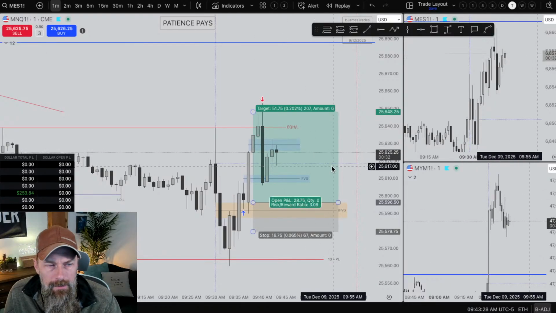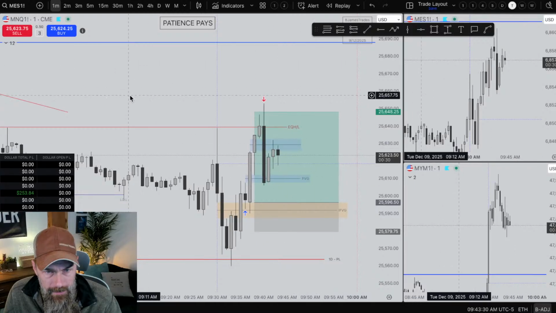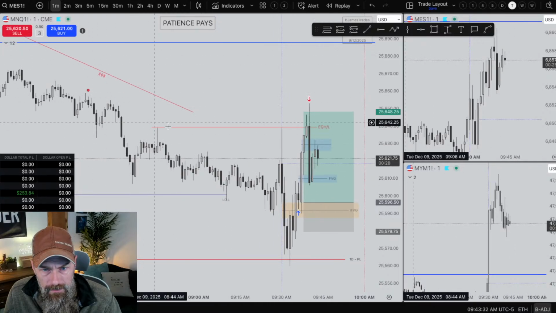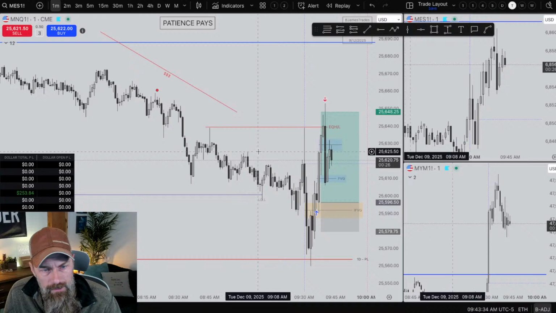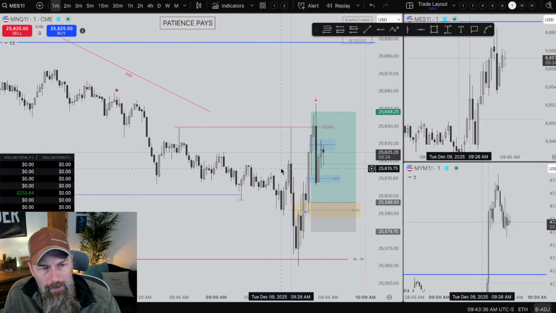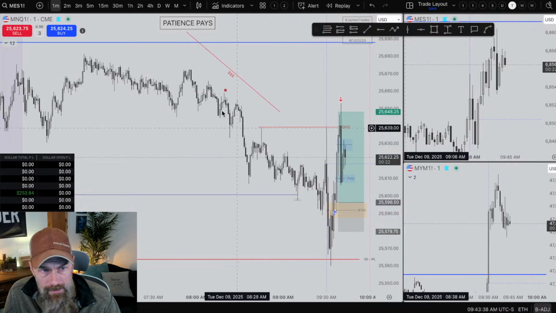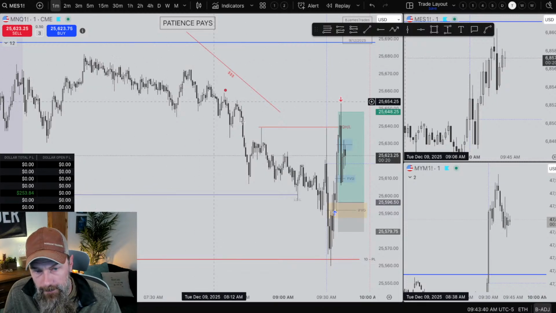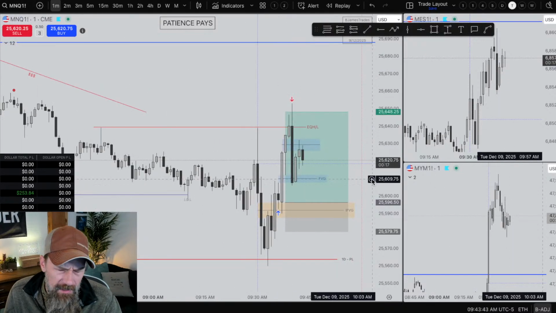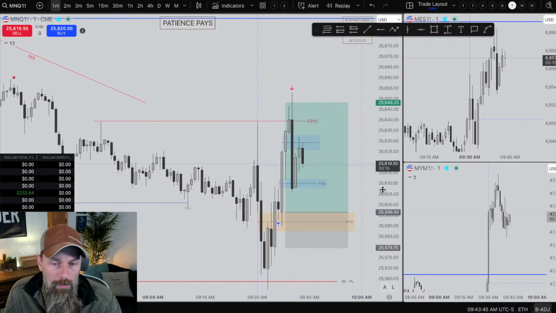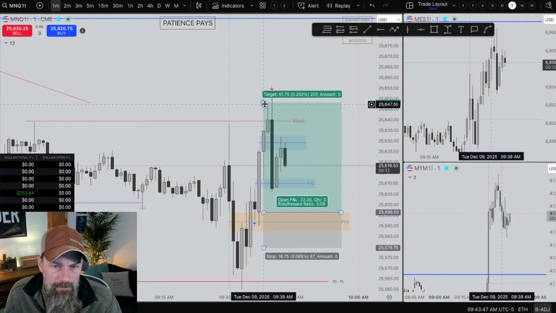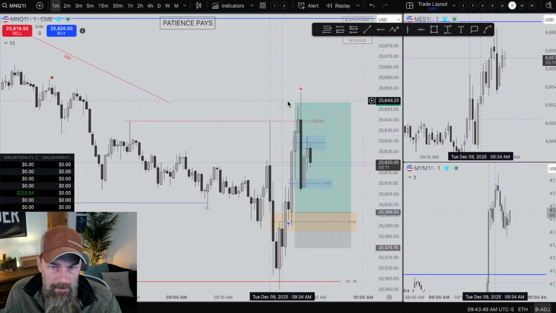Now that I think about it, order flow is bearish. So while I do expect some means of mitigation of this liquidity pool, I don't know how far it's going to go. If it was bullish, I guess I would say confidently it's going to come up into here. So given that the trade was against order flow, it might have been better to have not been greedy and just stuck with the 3R.